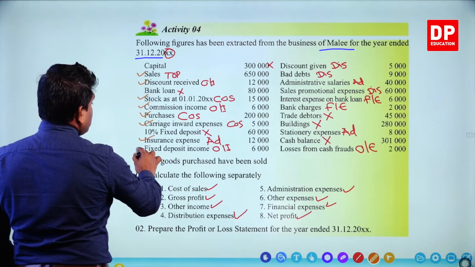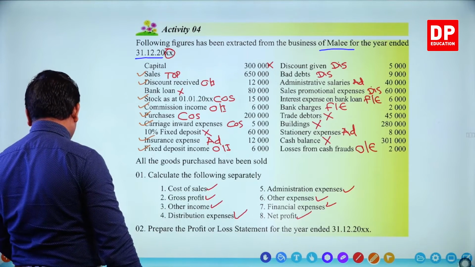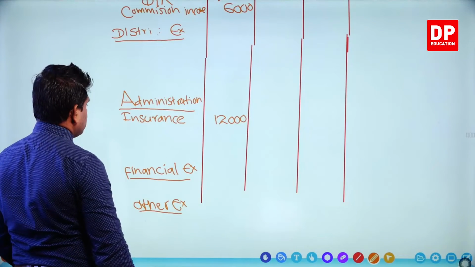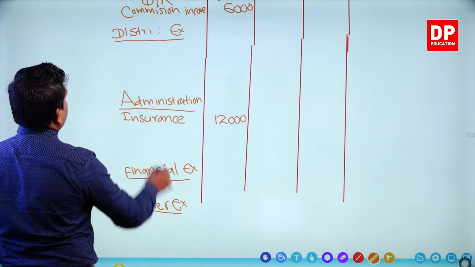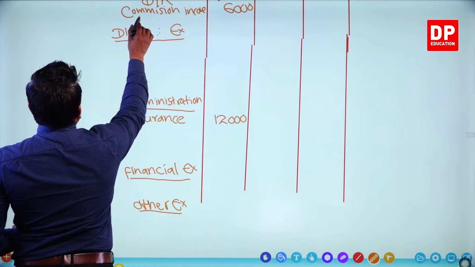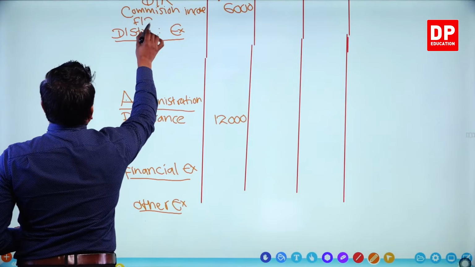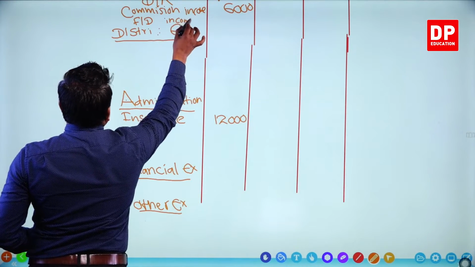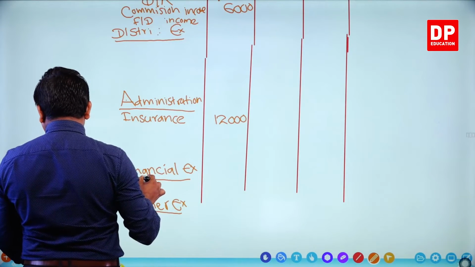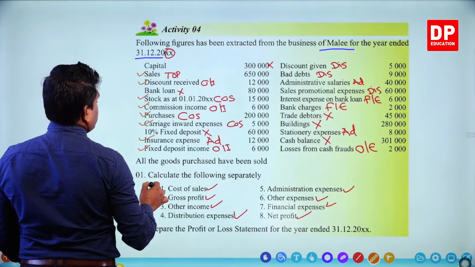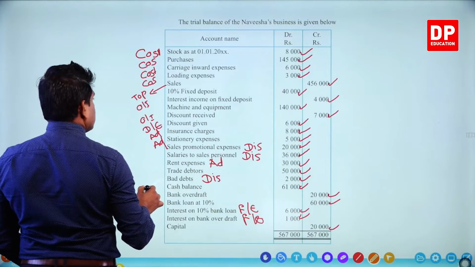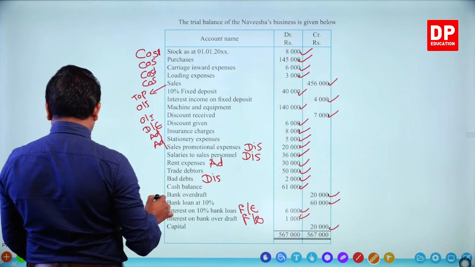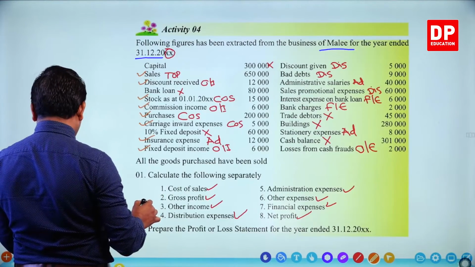fixed deposit income, other income. Right? Here, FD income. FD means fixed deposit income. Right? See the value, 6,000. Right? 6,000.